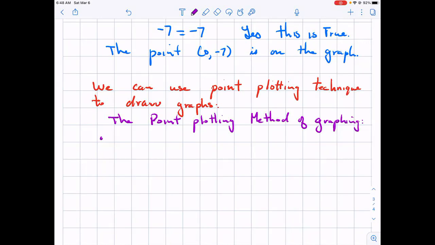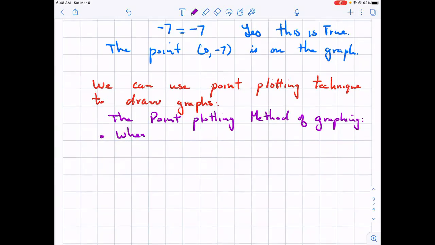So we have these conditions. The first thing is, when possible, isolate one of the variables. It doesn't matter which one, meaning leave x or leave y by itself.